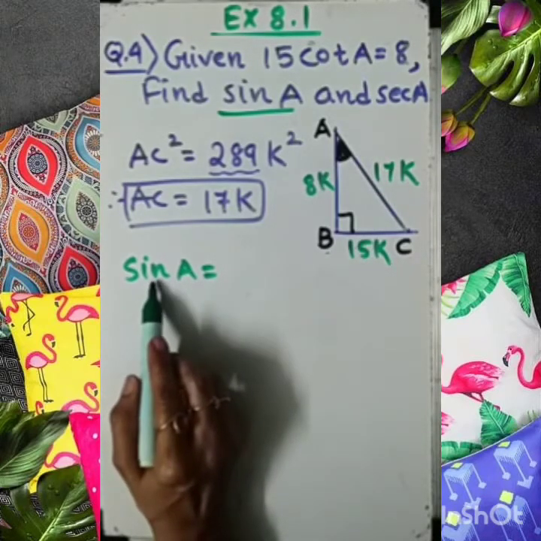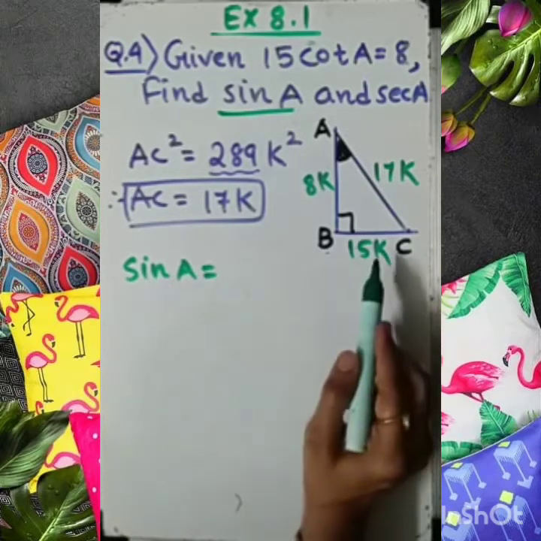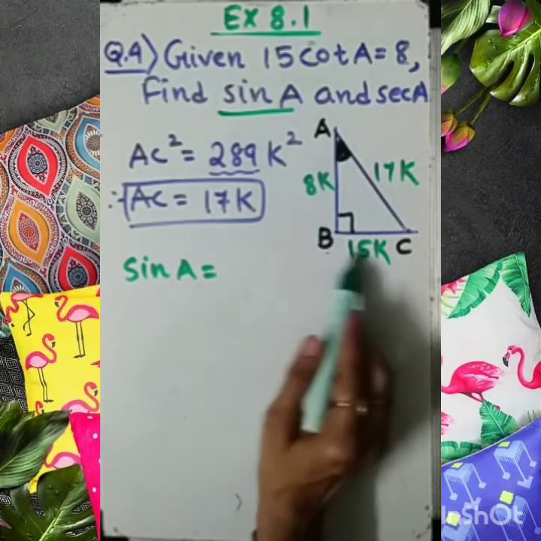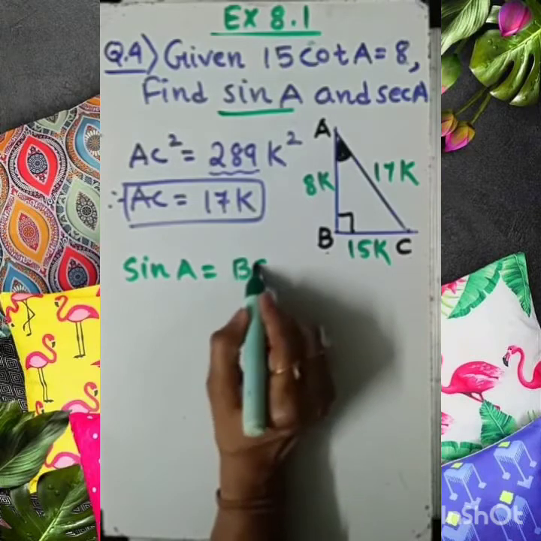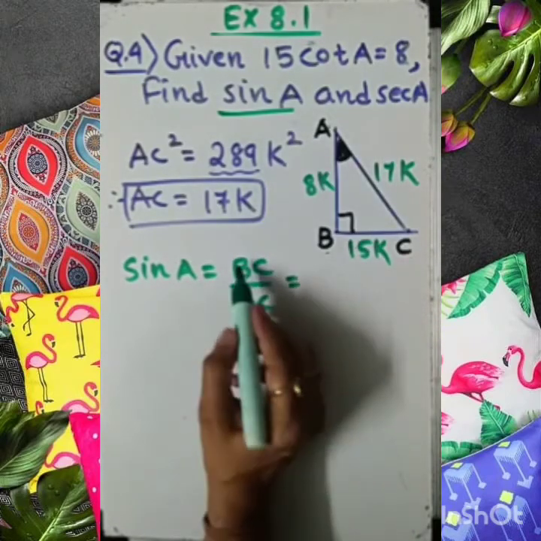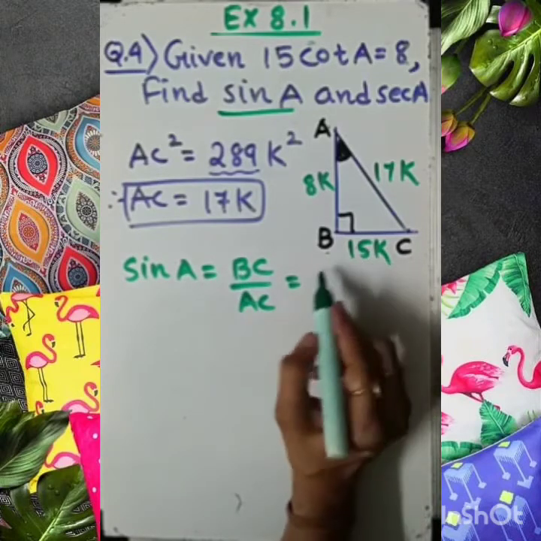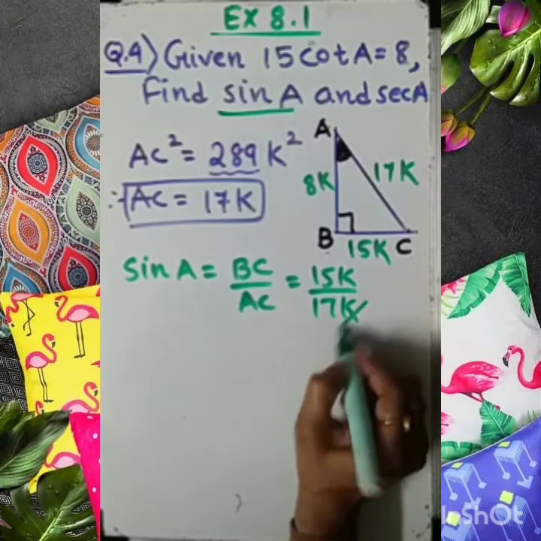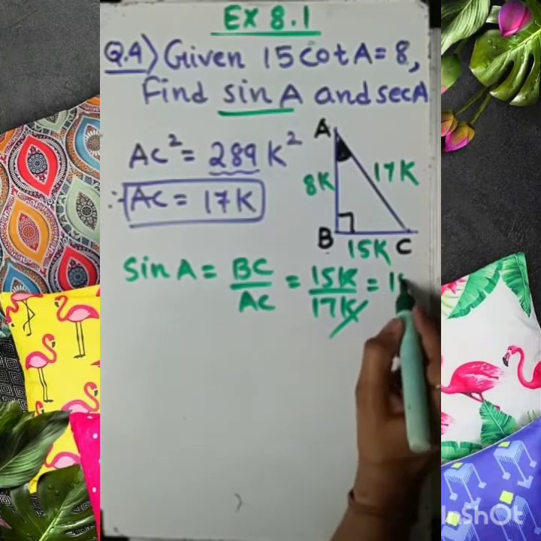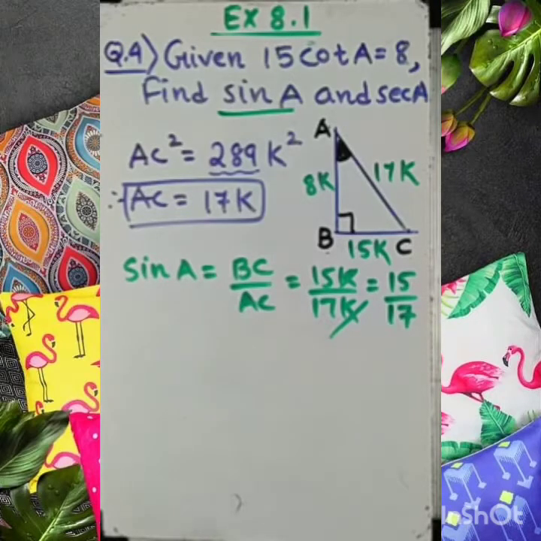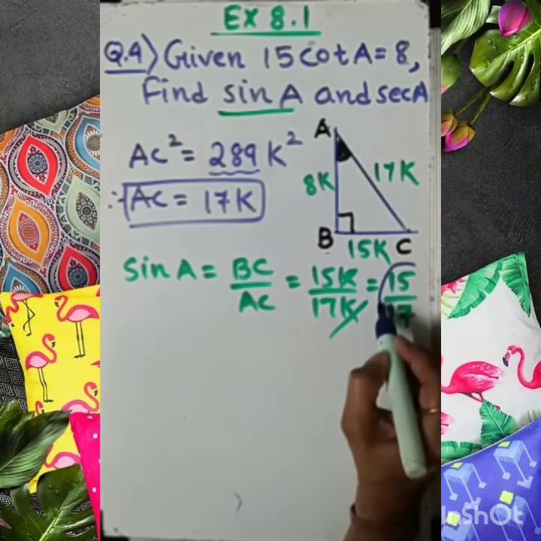Sin means P by H. So for angle A, the perpendicular will be BC and the hypotenuse is AC. Then this will be 15K upon 17K. K cancels, so this is 15 by 17. So the first trigonometric ratio, sin A, has the value 15 by 17.